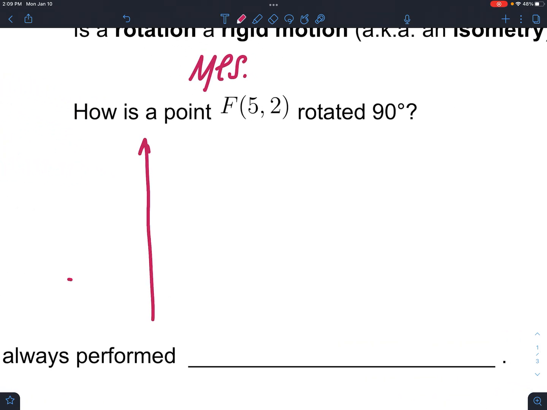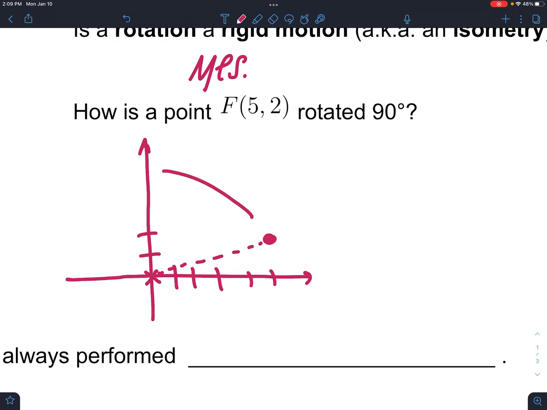Let's take a look at doing this for a point, which is kind of all we'll do. We're going to take this point and rotate it around the origin. So again, we can draw that dotted line, and we imagine that this is going to swing over here somewhere and land here, and that is 90 degrees, right?